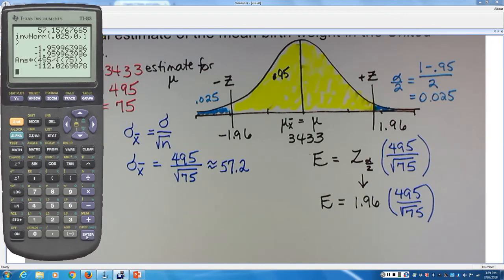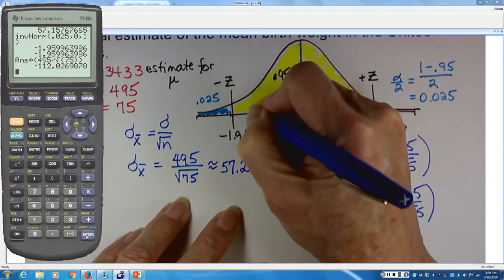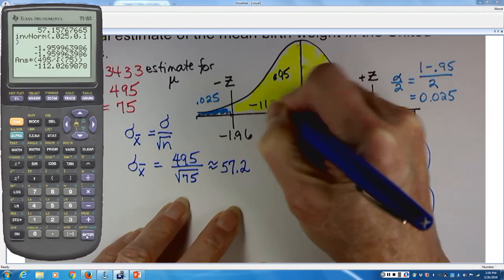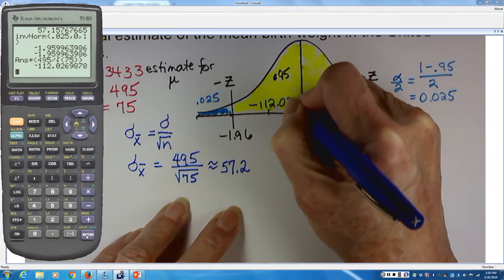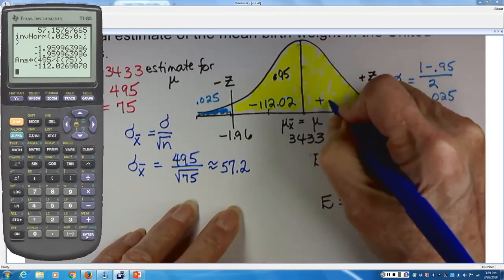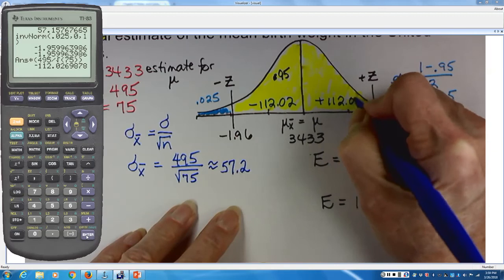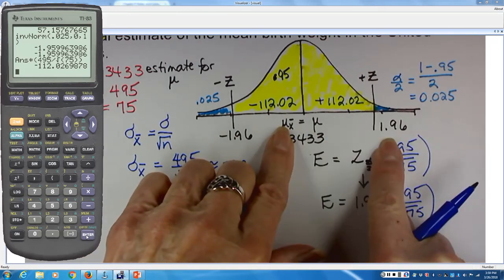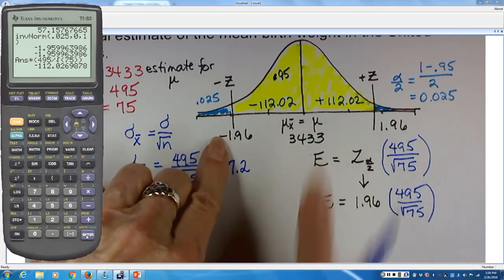So my margin of error on this side, I'm going to subtract 112.02. And on this side, I'm going to add 112.02, because this one is the mean plus that much. This one is the mean minus that much.